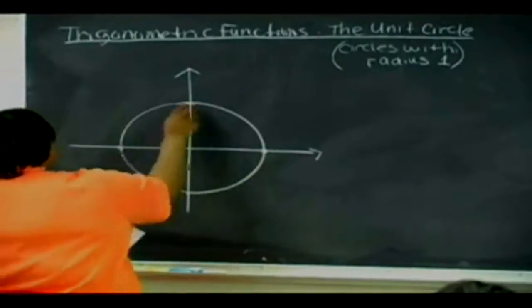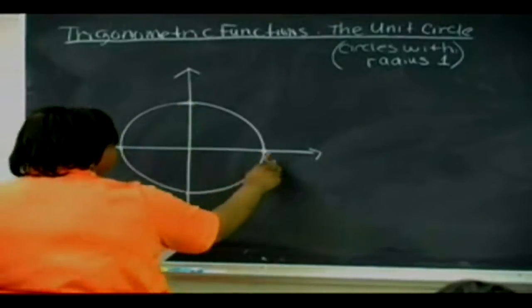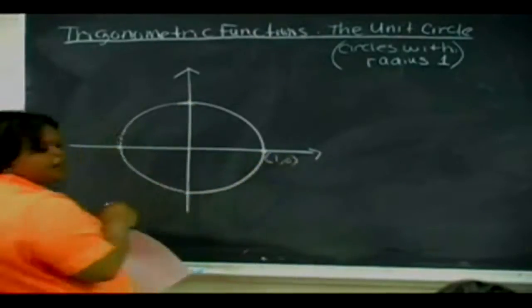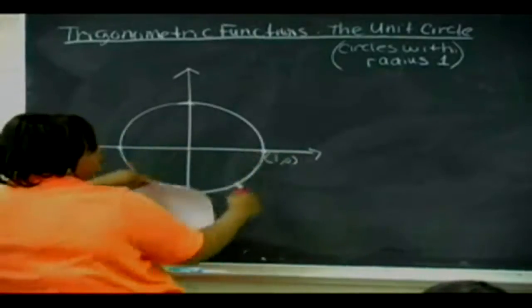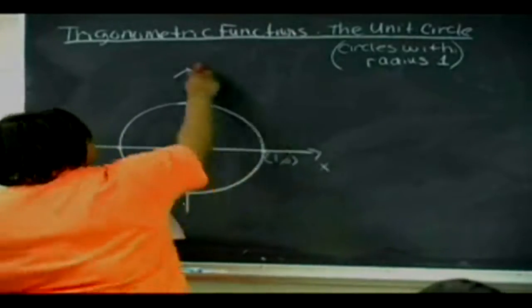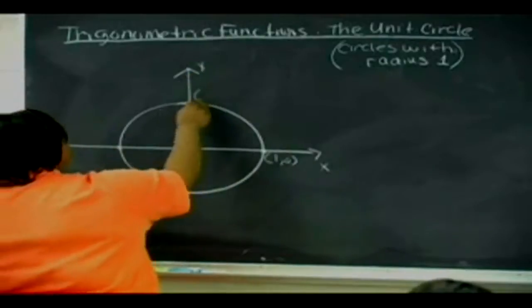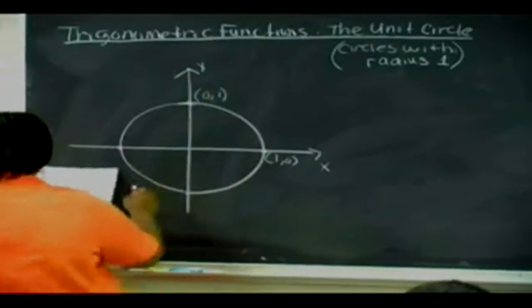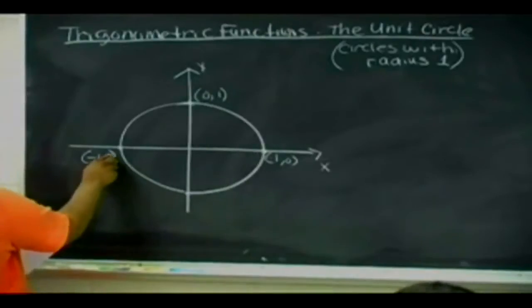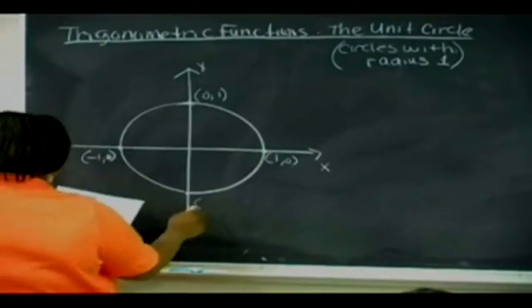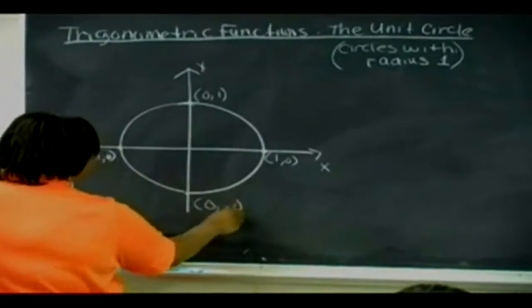Since we're dealing with a unit circle, this represents the point 1, 0, right? Unit circle, radius 1. We're on the x-axis, so that's 0. Here, this represents 0, 1. This represents negative 1, 0. And this represents 0, negative 1.